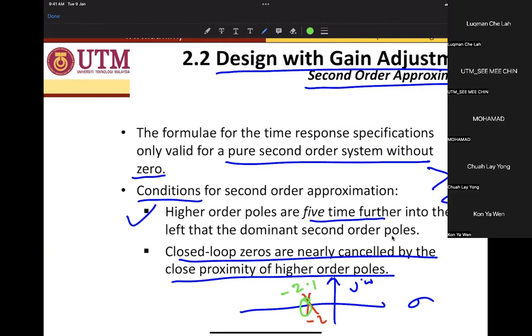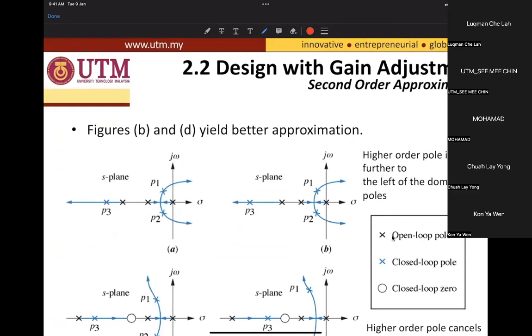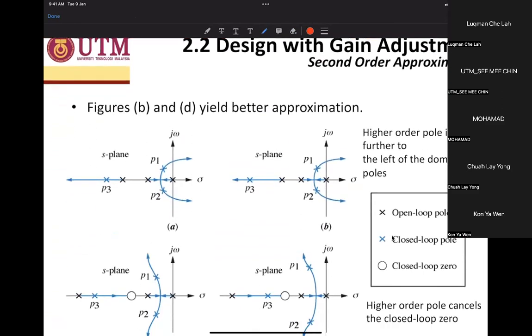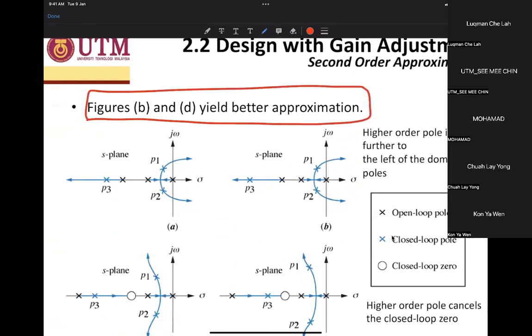So the zero at -2.1 and the pole at -2 can be cancelled out by each other. Okay, so they become zero-zero again. Because the location of the pole at -2 and the zero at -2.1 are very near each other and nearly overlap, we can say that they cancel each other. So this is how to explain the approximations.